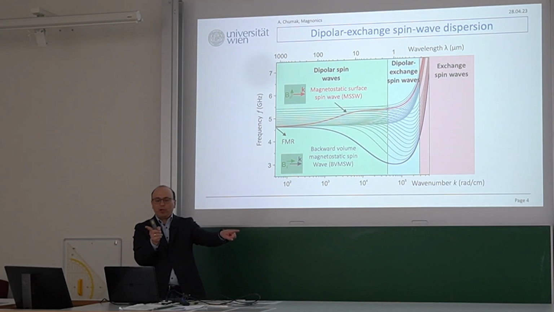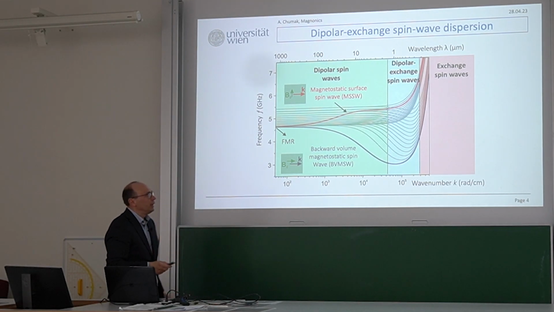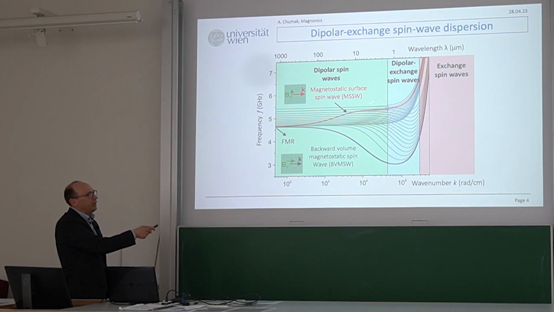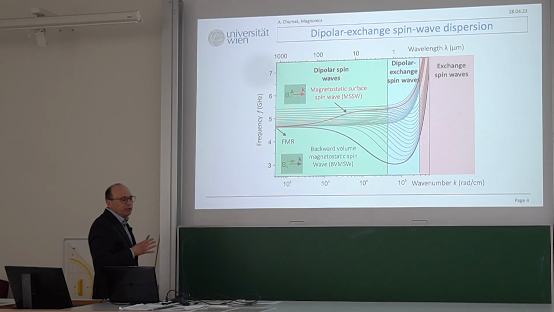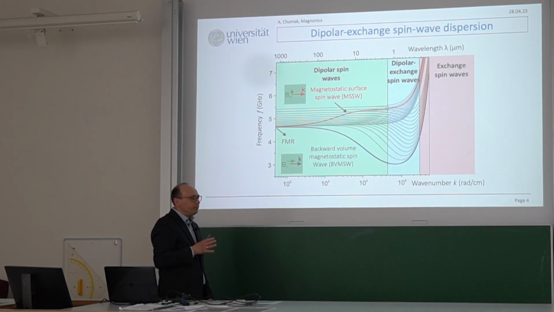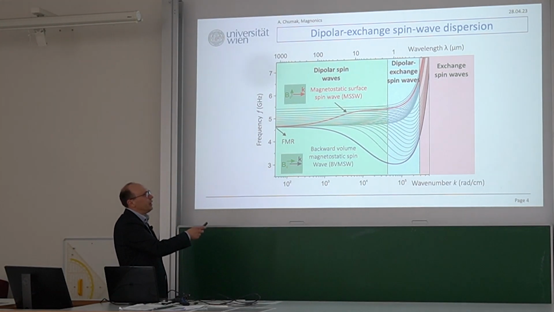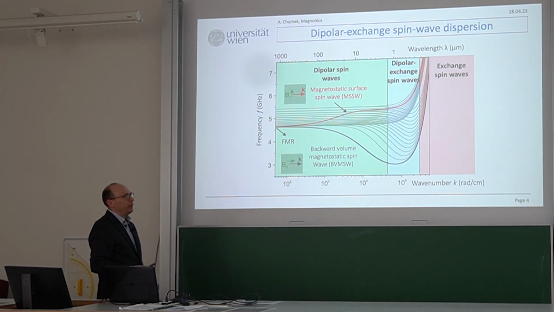In between you have all other angles, which we will discuss today. So it means that you already have many thickness modes here, and you can satisfy two-magnon scattering. So you excite here, and then all modes at the same frequency can be populated due to two-magnon scattering.